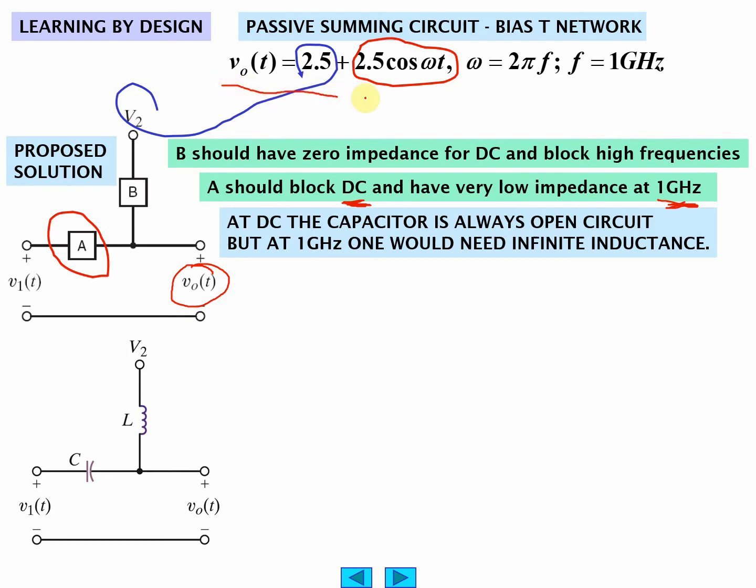So you would have a bias. This right here will put a bias on it. You have an open circuit here. You wouldn't have any DC voltage, any kind of DC circuit here. The DC voltage would be determined by this right here. And then you have an AC signal too.